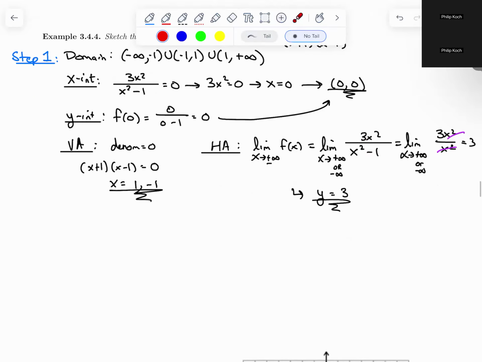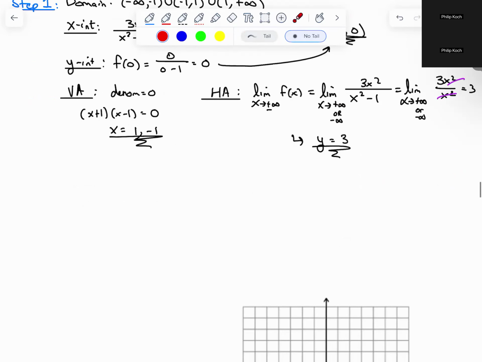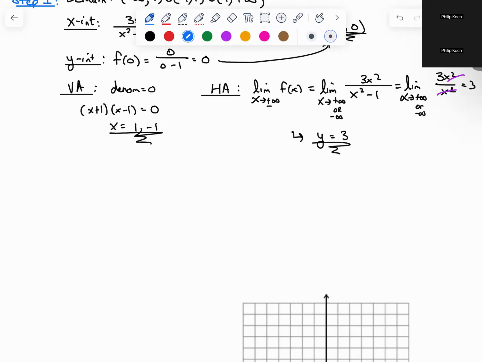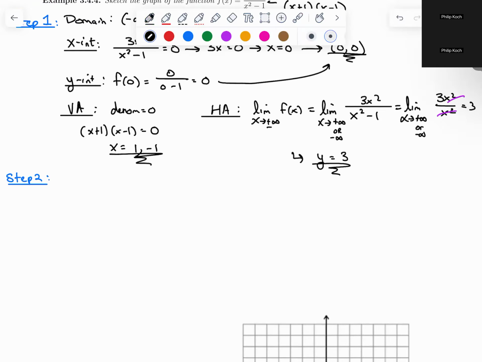That is step 1. We have gotten rid of all of the preliminary information that we can. We've gleaned out any x-intercepts that we can find, any y-intercept, any vertical stuff, horizontal stuff, and also the domain. Now we will move on to the first derivative. Step 2. Derivative stuff. So we've got to find the function's derivative.